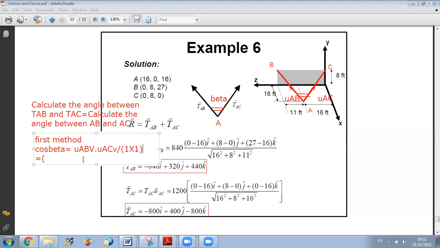Now, if I want to apply the dot product, how do I do it?